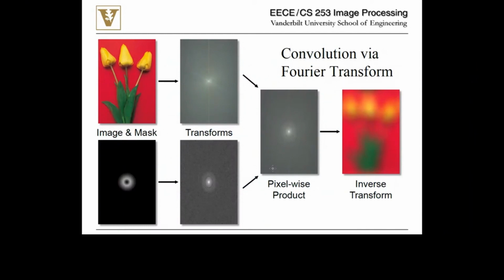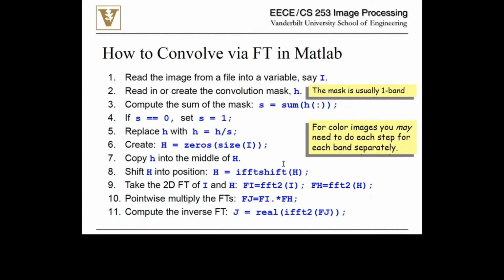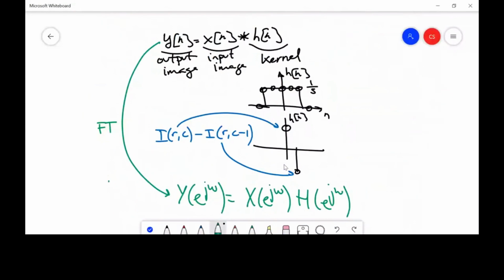Okay, so from here to there. And then you do this, which is a little bit counterintuitive, because we are shifting in the real space. The result of this operation is the following.